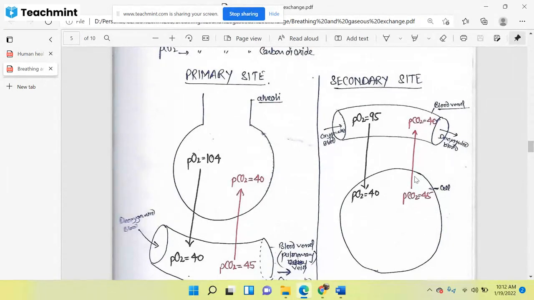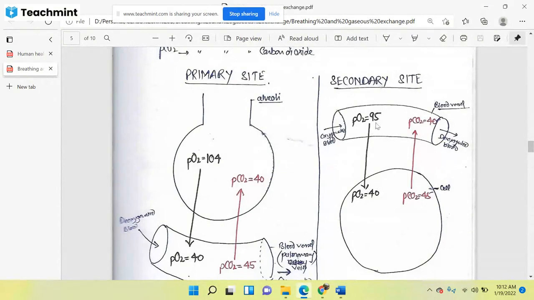So here, carbon dioxide will be produced, and this carbon dioxide will be transported into the blood vessel. You just see here again the exchange of oxygen and carbon dioxide takes place. Like the same, from alveoli to blood vessel, the same happens with this blood vessel to this tissue or cell of any of the organ.